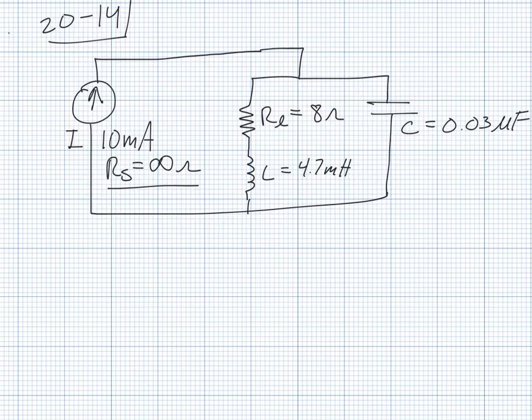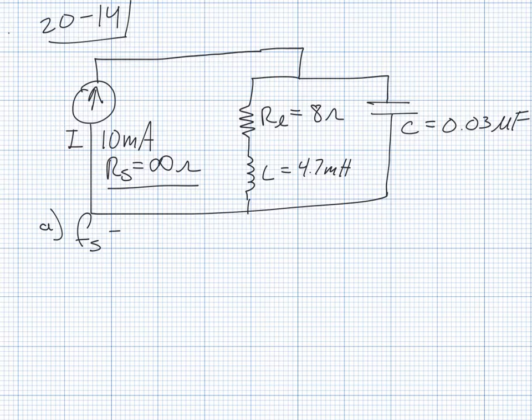All right, so let's go through this. We have the internal resistance of the inductor at 8 ohms. The inductance of the inductor is 4.7 millihenries. The capacitor is 0.03 microfarads. All right. The first thing we wanted to find in this problem was the frequency. Okay, the resonant frequency.